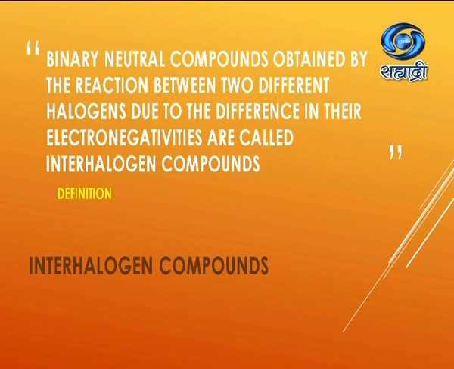Then these are neutral compounds, and these are obtained by the reaction between two different halogens, that is fluorine chlorine, fluorine bromine, fluorine iodine likewise. Why is this reaction possible? Due to the difference in their electronegativities. So such stable compounds are called interhalogen compounds.